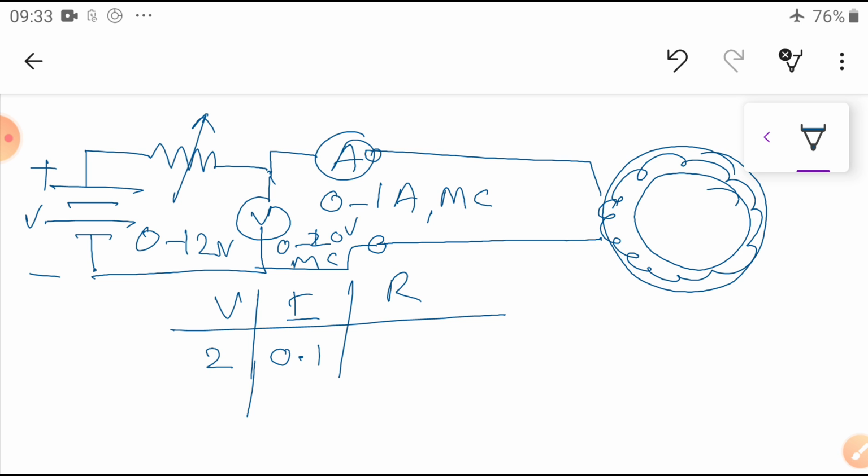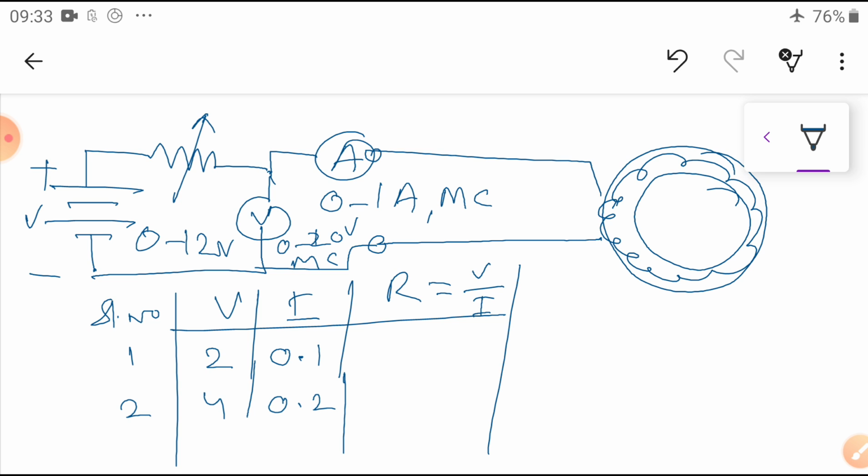You take this value, R is equal to V by I. Serial number 1. Serial number 2, you take 4 volts. What is the current? 0.2. Then serial number 3, 6 volts. What is the current? For example, 0.3. So correspondingly, you are going to get these values.